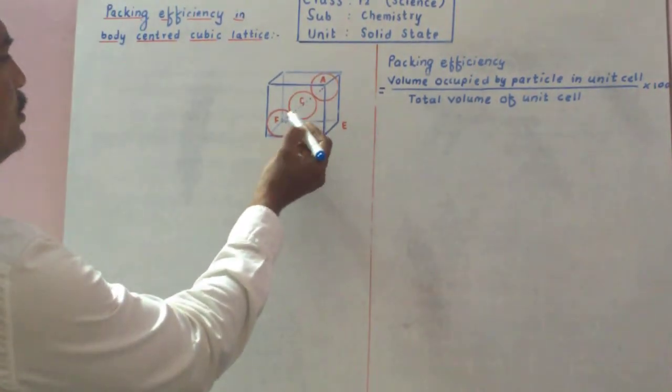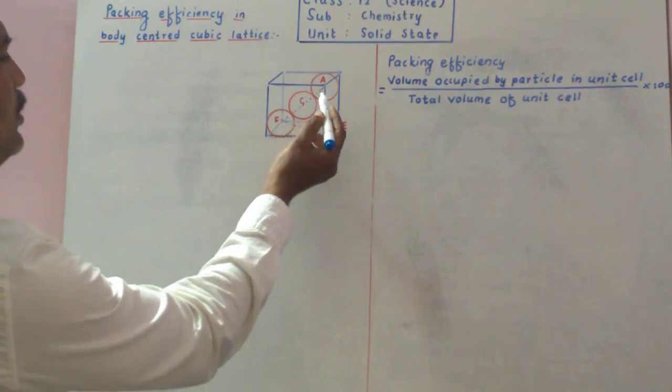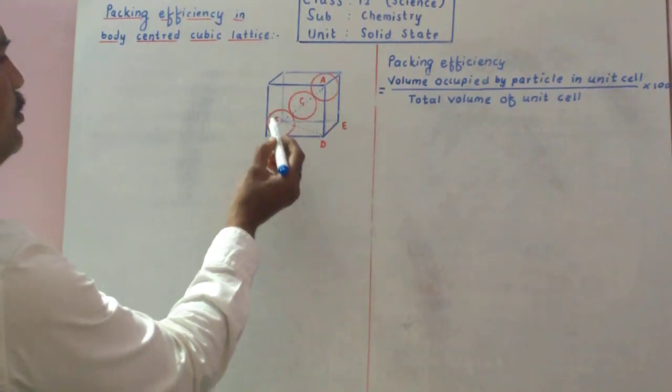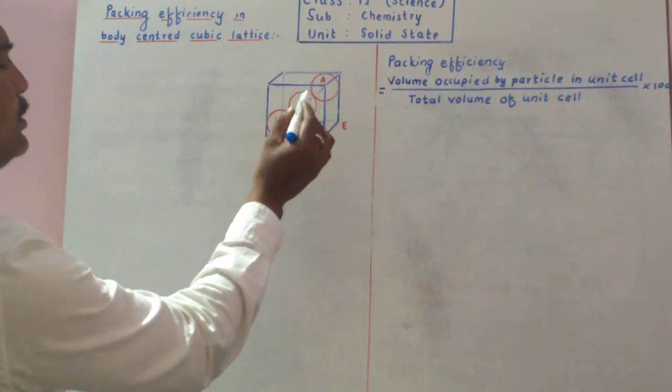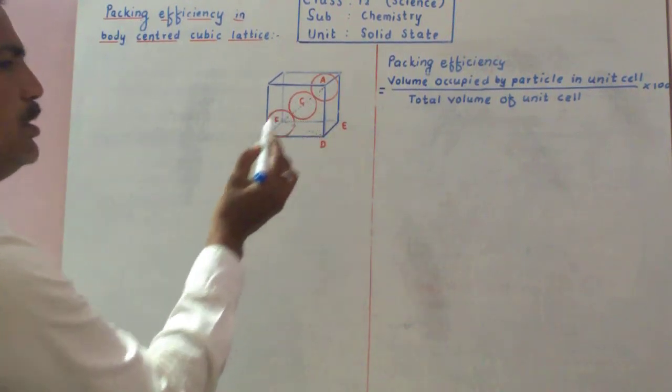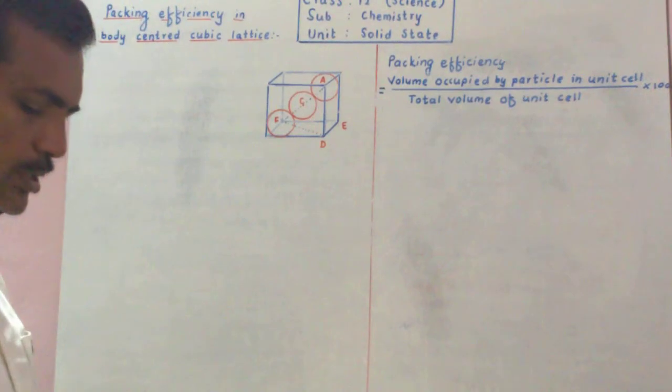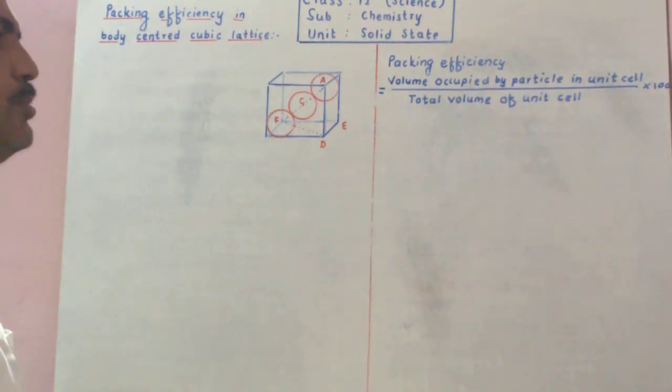which touches the other particles. One particle is present at the 8 corners of that cubic cell, and one particle is present in the center of the cubic unit cell.